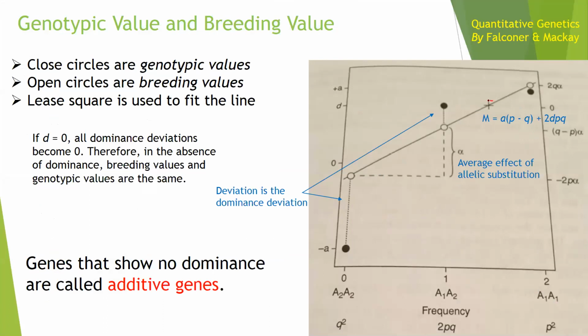For example, this is the population mean here. And this is the average effect of the allelic substitution. So by understanding this, you can probably find the link between the different terms we have learned so far in quantitative genetics.